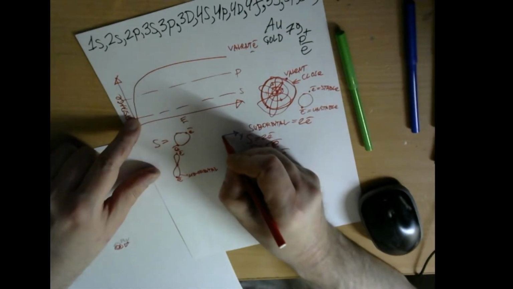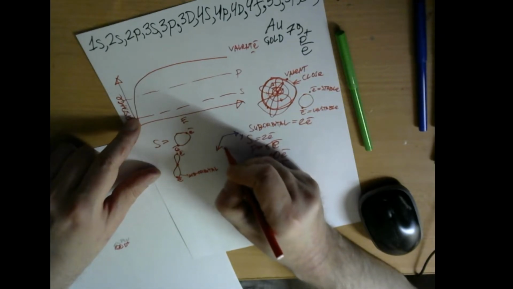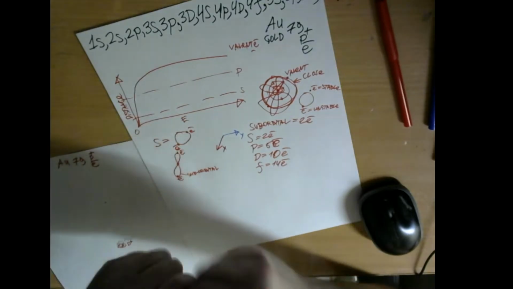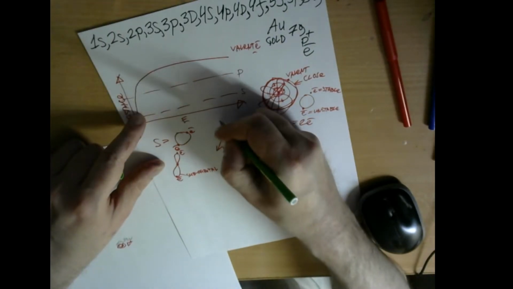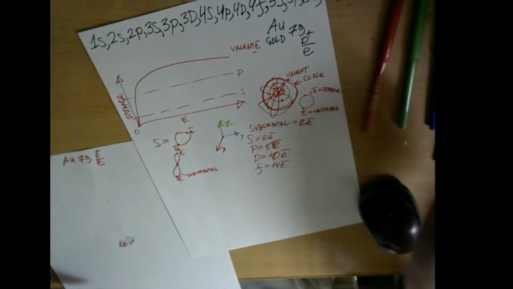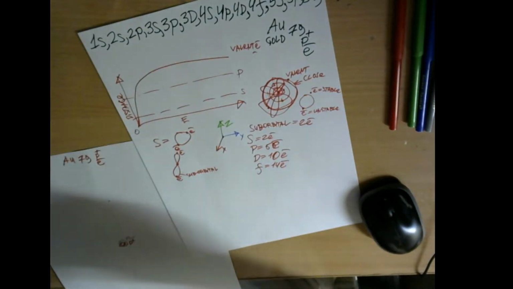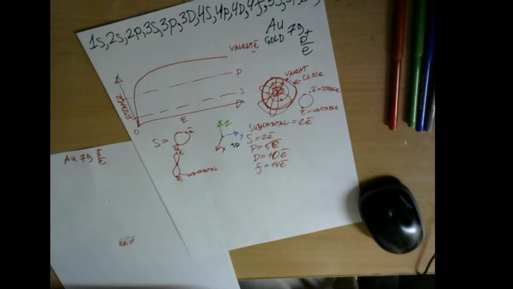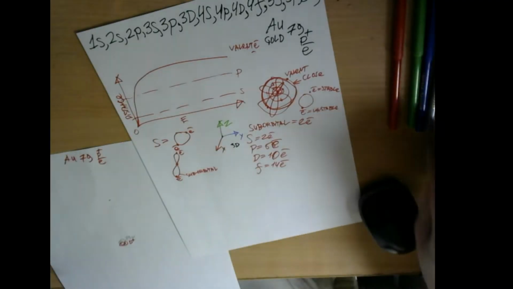This would be x-axis. And let me take a green marker. This would be z-axis. It's what we have in 3D structure. So we have x now.